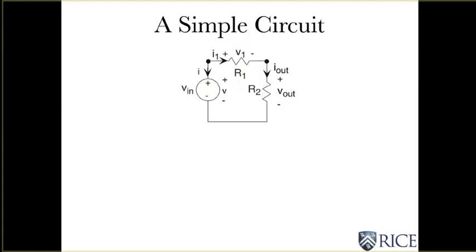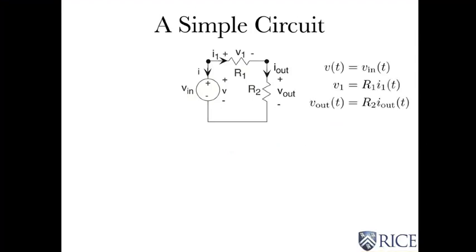Now, I would point out that we have three circuit elements, and we have a voltage and current for each element, which means we have 6 unknowns. In order to find 6 unknowns, we're going to need 6 equations. All we have right now are the VI relations.